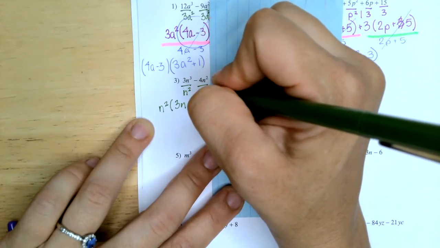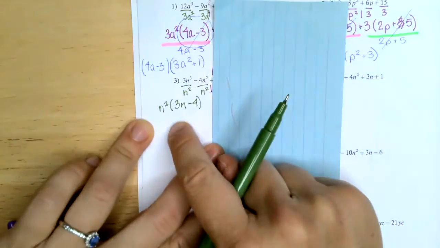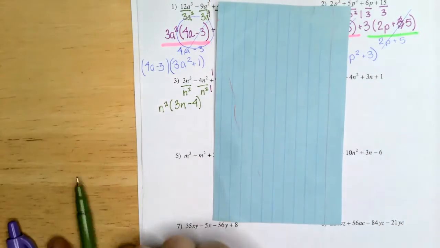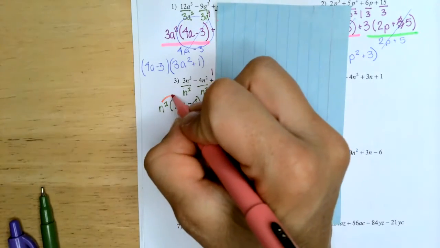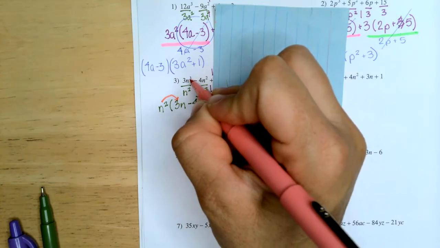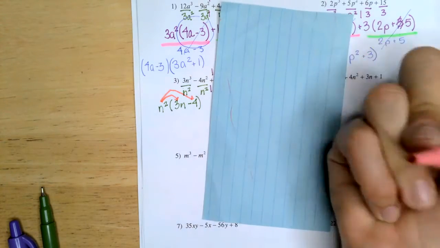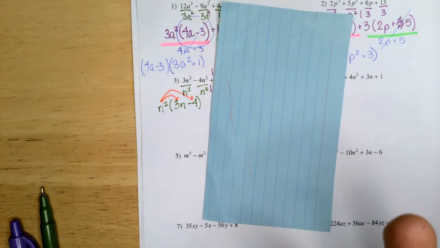Negative 4n squared divided by n squared is just negative 4. You know you've done this correctly if you go back and multiply it and say n squared times 3n gives me 3n cubed. N squared times negative 4 gives me negative 4n squared. That is, I've factored it.